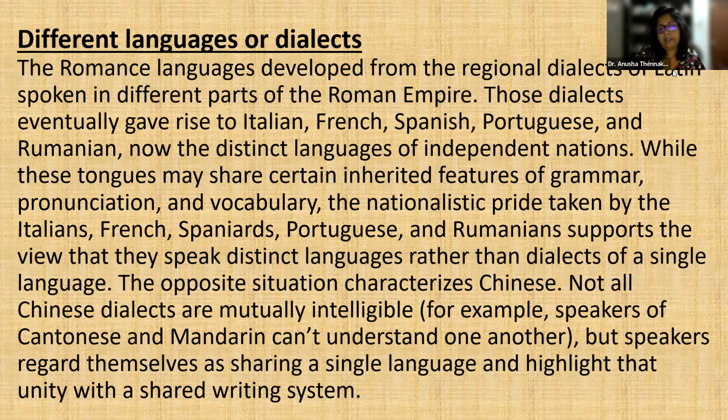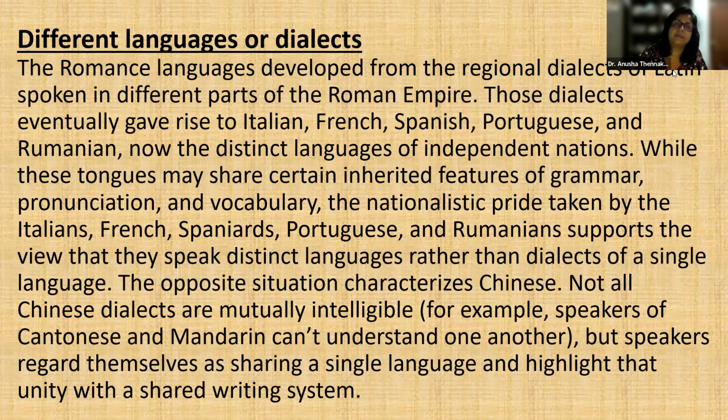Actually, later, with time, those dialects which started with the Latin language have now become languages, national languages. For example, Italian, French, Spanish, Portuguese, Romanian: those are the countries, and they use those dialects as their national language.